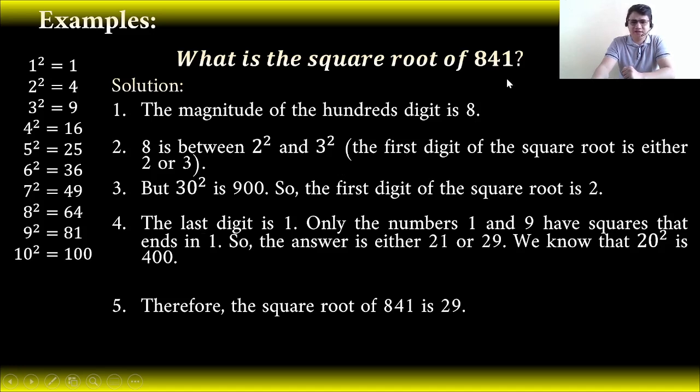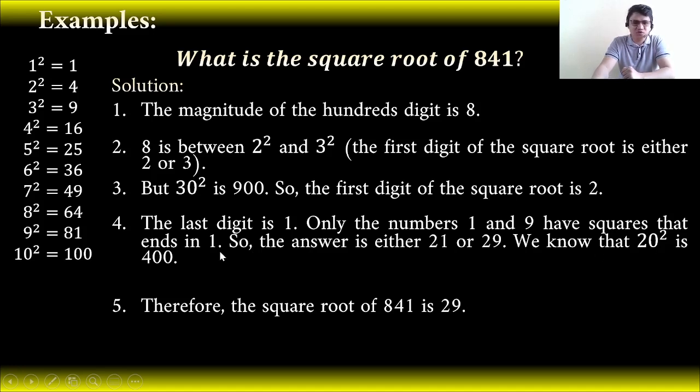Now the last digit of 841 is 1, and only the numbers 1 and 9 have squares that end in 1. So the answer could possibly be 21 or 29.